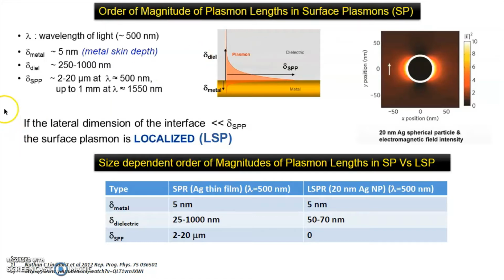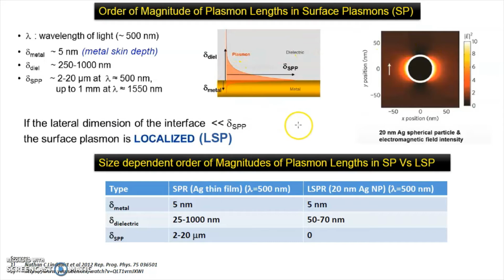So it means if the lateral dimension of the interface, the size of the metal nanoparticle, is much less than delta SPP, then the surface plasmon is called localized. In this case we say localized surface plasmon.